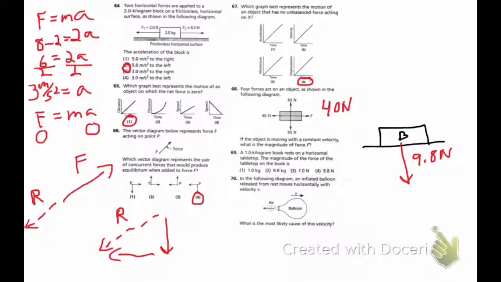According to Newton's third law, where every action has an equal and opposite reaction, the tabletop has to be producing a force going in the opposite direction of 9.8 newtons. If we look at our choices, we see that choice number 4 makes sense. That the magnitude of the force of the tabletop on the book has to be 9.8 newtons.